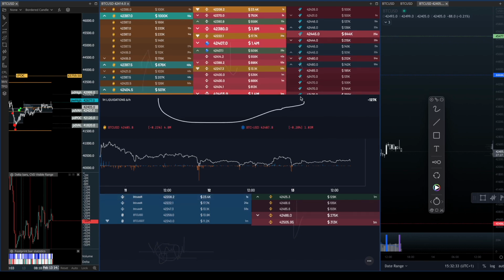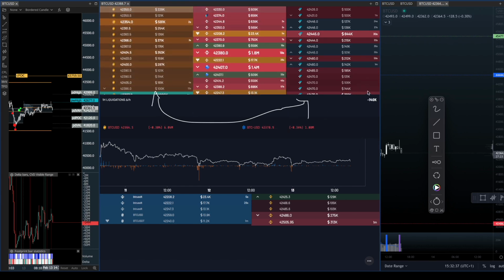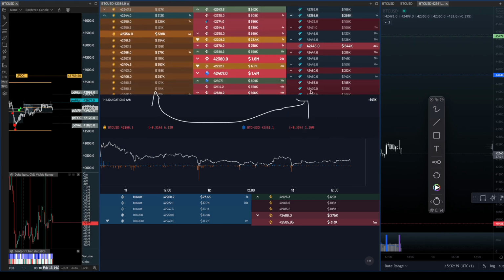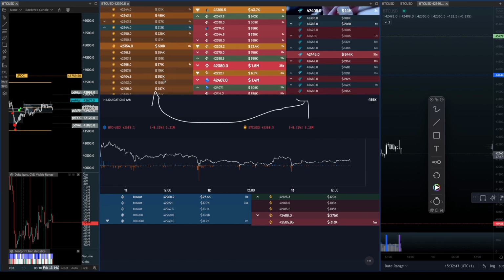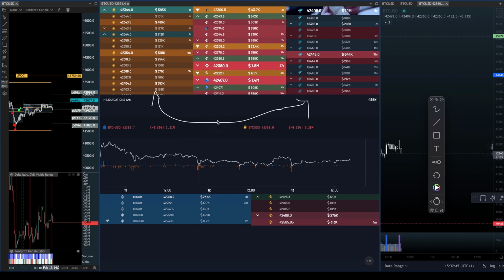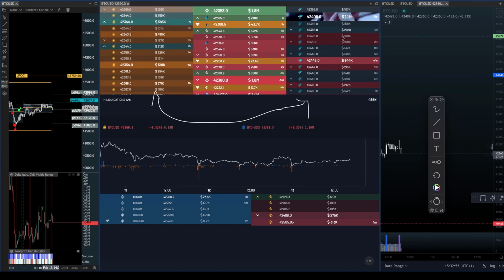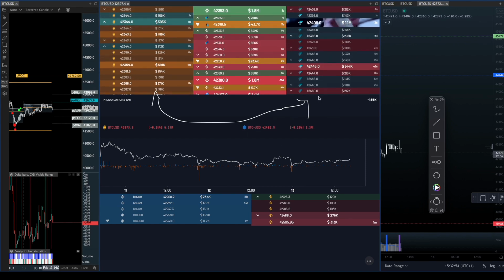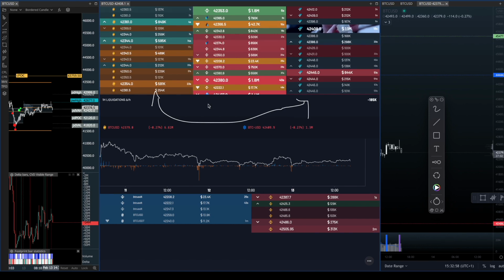The relationship between Bybit and FTX is also interesting. Obviously, FTX is owned by Alameda, a huge market making firm. When it comes to the relationship between these two, it's really safe to say that FTX and those people who trade size there have a bigger power to actually create bottoms and tops than Bybit.